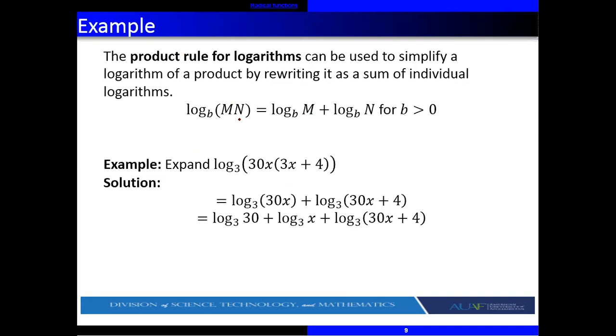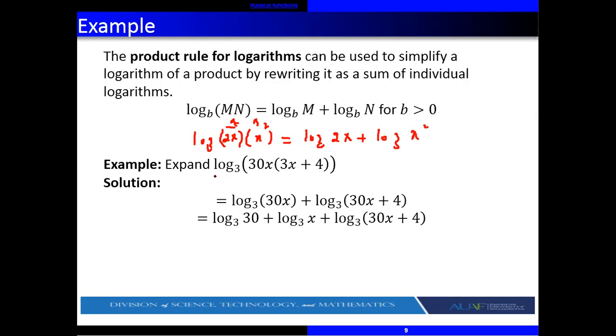Product rule means that, for example, when we have the log of two numbers multiplied, like 2x multiplied with x square, let's suppose the first one is a and the second one is b. The log rule is to take the log of the first and the second separately: log of 2x plus log of x square.